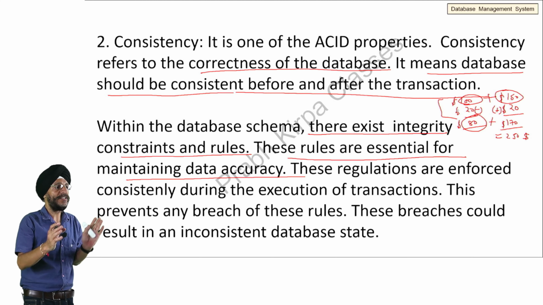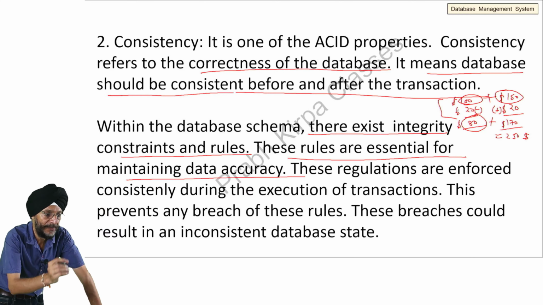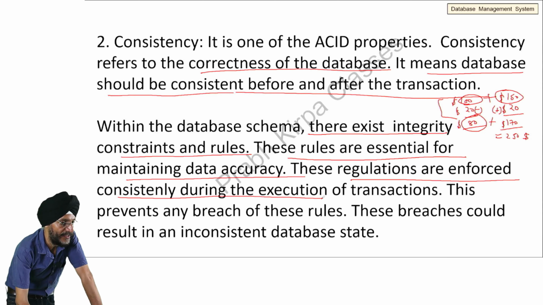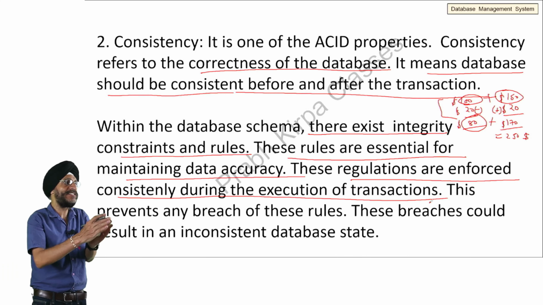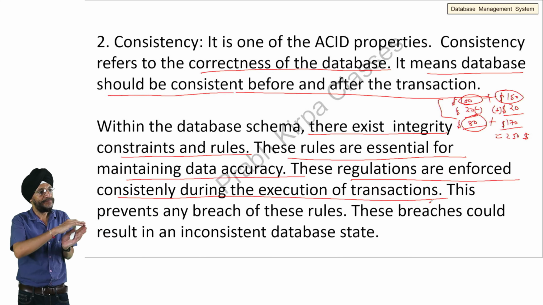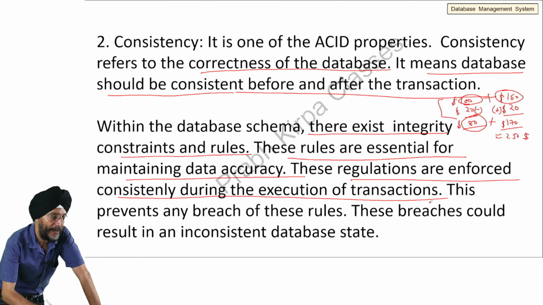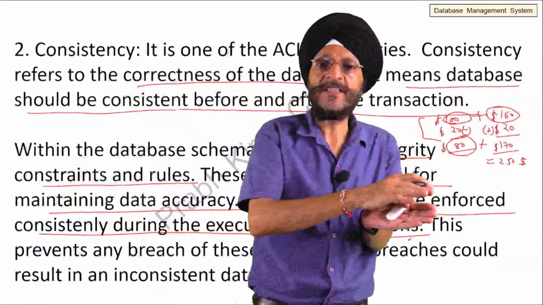For this, there are integrity rules or certain regulations which the DBMS system follows. These regulations are enforced consistently during the execution of the transactions. That is, at each and every step of the transaction, these rules or constraints have to be followed by the system itself. We need not worry about the technical aspects of DBMS.